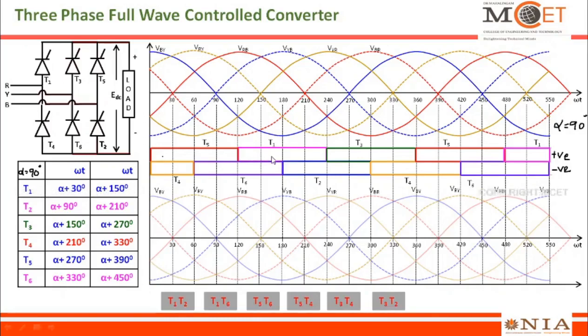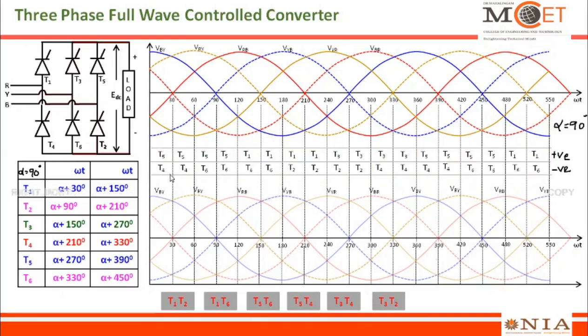Let me fill out all these boxes with the corresponding SCR numbers. So T1 is filled like this. Similarly, all the SCRs are filled in the corresponding rectangles, and I remove the rectangles for easy understanding. Now if you look at the first 30 degrees, T5 and T4 are conducting. In the next 30 degrees, that is from 30 to 60 degrees, T5 and T4 are also conducting.